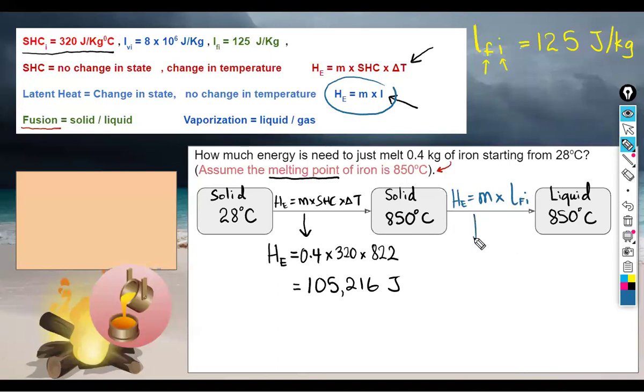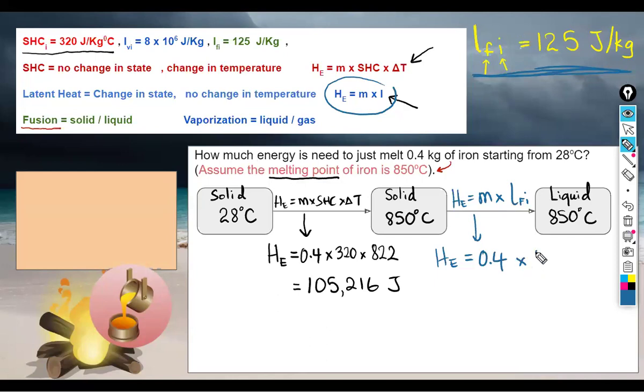So let's calculate the heat energy for this portion. The mass of the iron is still 0.4, right? Melting it is not going to change the mass. And what's the specific latent heat of fusion of iron? Well, I gave it to you. The examiner will give it to you in the exam, right? F stands for fusion, and the letter I will obviously stand for iron, the name of the material.